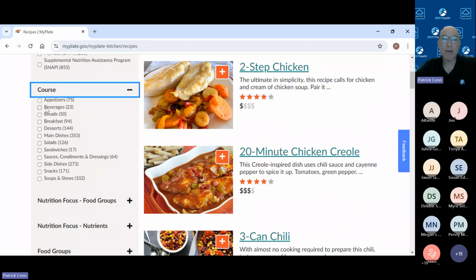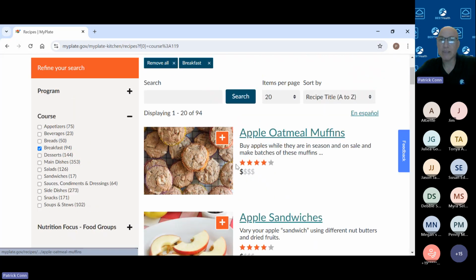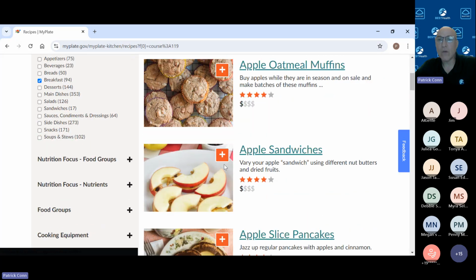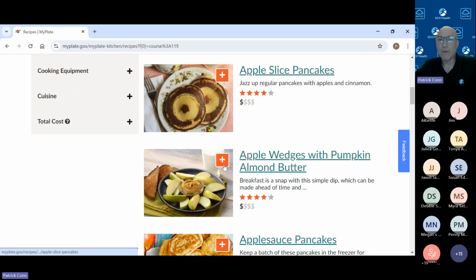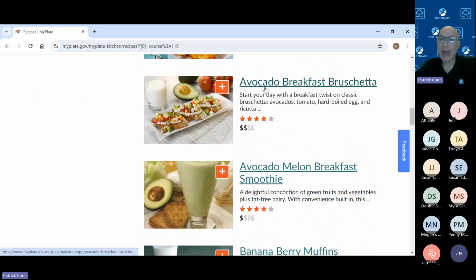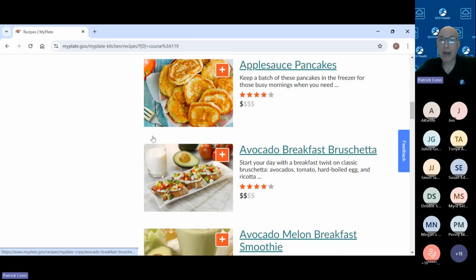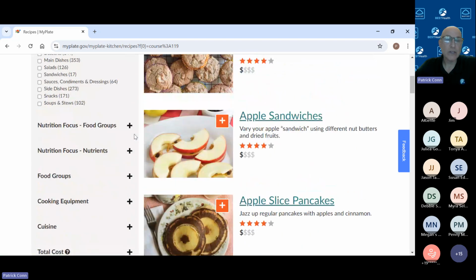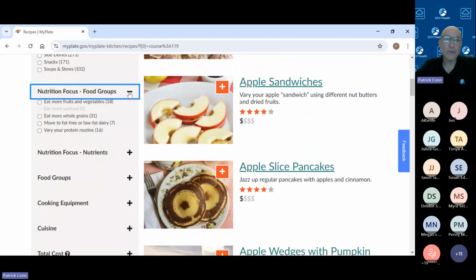If you want to learn about beverages, snacks, sandwiches, condiments, soups, and stews, you can actually click on this, different breakfast. So if I click on breakfast, it's going to give you all these recipes for a breakfast. And then when you click on that, it's going to break down the nutritional value, the instructions on how to prepare this, etc.